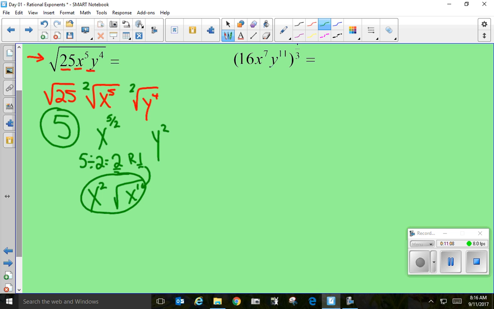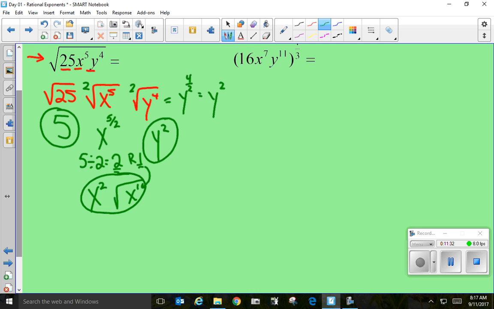What's my remainder? No remainder. It's 0, so that's how many remain under the radical. None. If I change this to a fraction, isn't that y to the 4 halves? Isn't that just y squared? It's just y squared because the remainder is 0. So 0 remains under the radical.